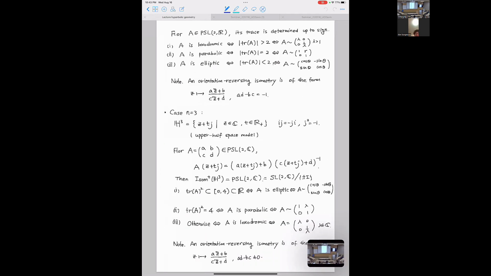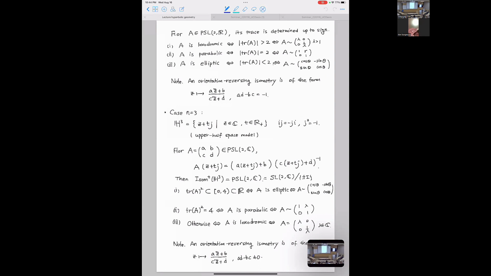Then there are equivalent conditions for each isometry. So A is a loxodromic isometry if and only if the absolute value of the trace is bigger than 2.